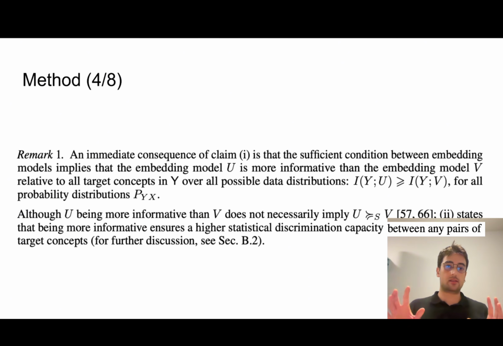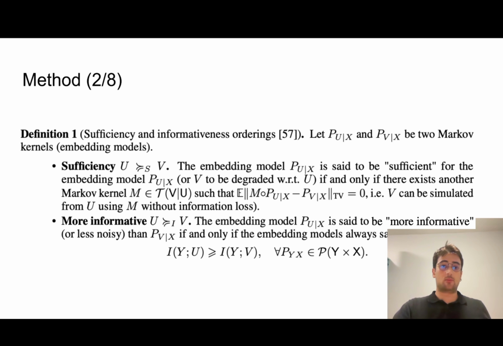Okay, a remark is, as I told you, although U being more informative than V doesn't necessarily imply that U is more sufficient than V, and there's a proof of it in the paper also. But intuitively, we can say that U is more sufficient than V if we can perfectly recreate V from U. But if you just look at the mutual information, you cannot say that.